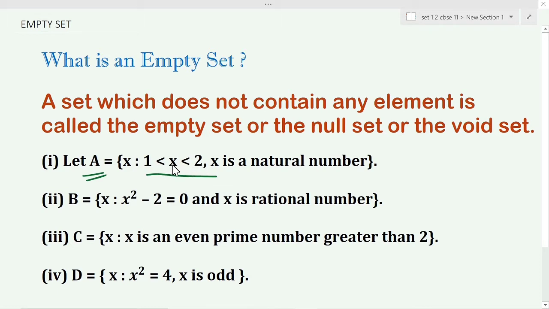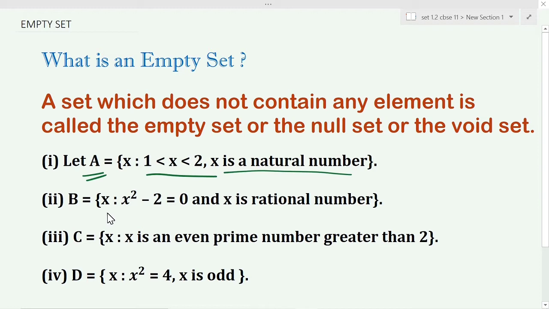The element of A is x, it is between 1 and 2, and x is also a natural number. We know that there is no natural number between 1 and 2. So we cannot get any value of x. So A is an empty set.